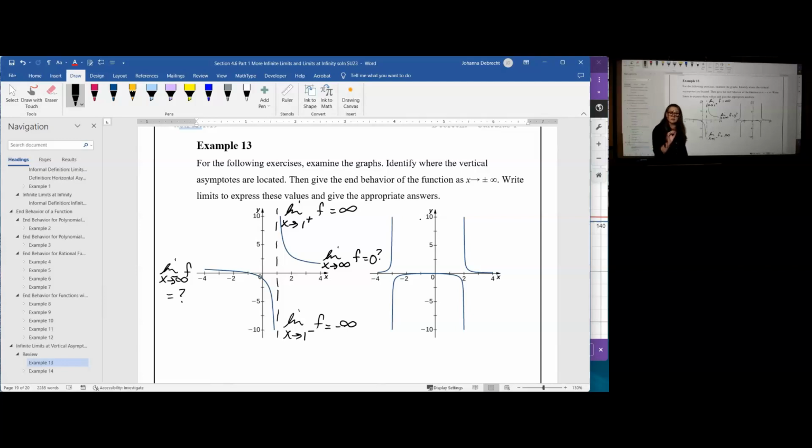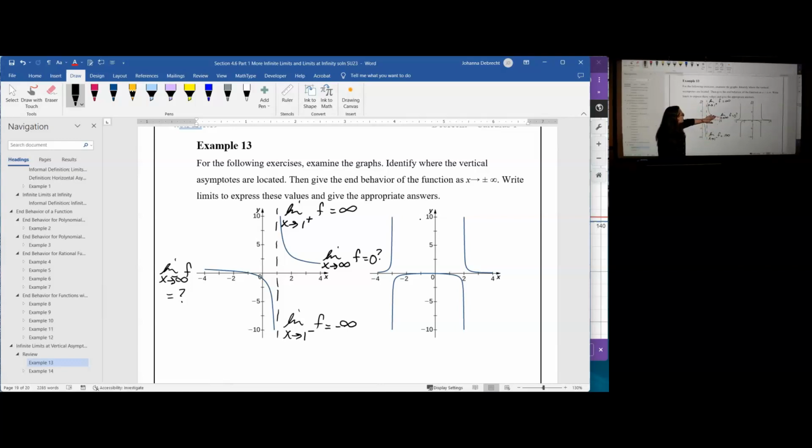However, on a vertical asymptote in the center of the graph, with center meaning just not in the end behavior, I can tell what the behavior of the function is. I have a vertical asymptote here at x equals 1. Notice the behavior on the right side and the left side of 1 is different.